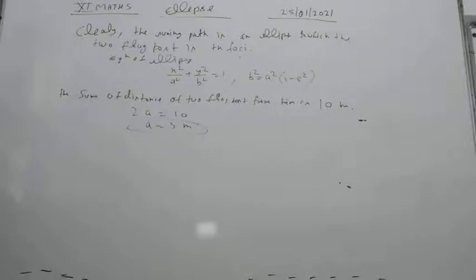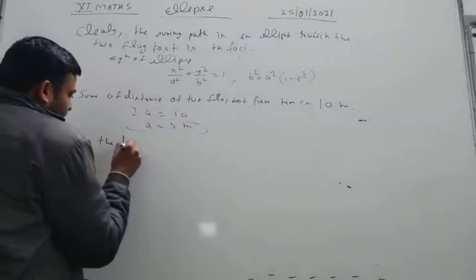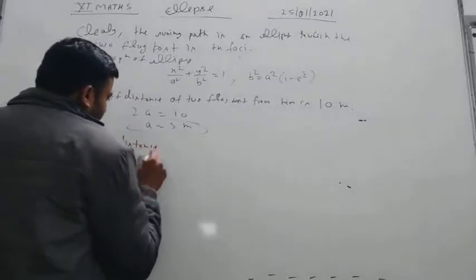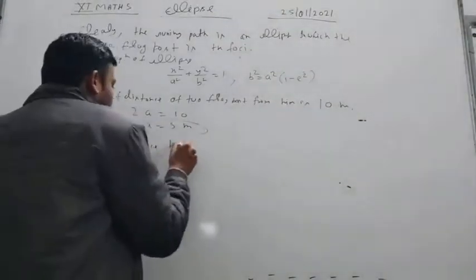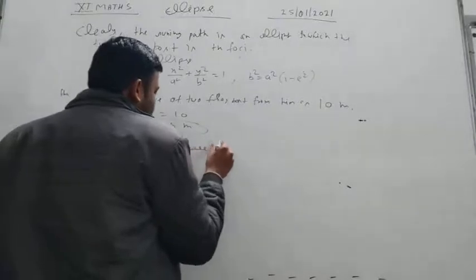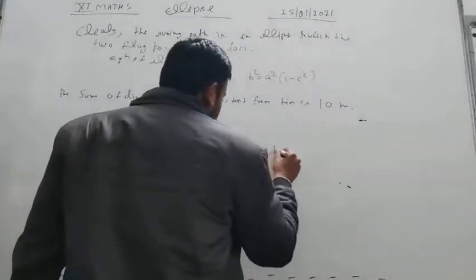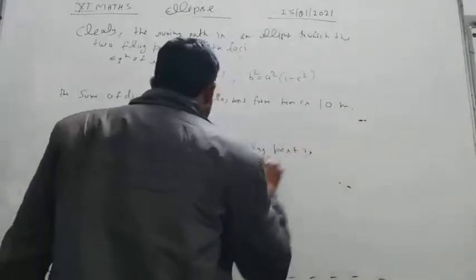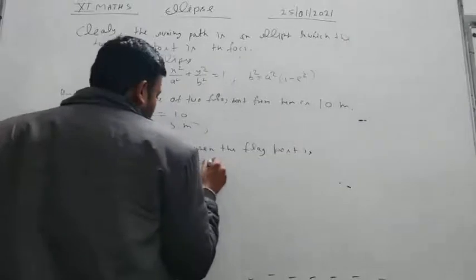and it is also given that the distance between the flag posts is 2ae, which is equal to 8.